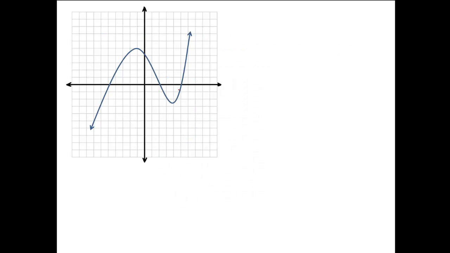Alright, so we have this function right here, and suppose this function is equal to f of x equals 6x cubed minus 19x squared plus 16x minus 4. And you can tell that we have a possible value of x crosses here at 2.